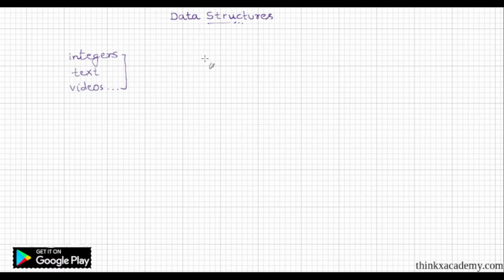So the formal definition of a data structure is: a data structure is just a collection of data values stored in some logical format, in logical form.